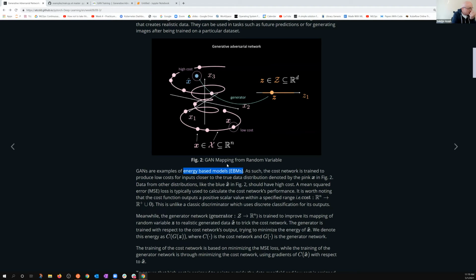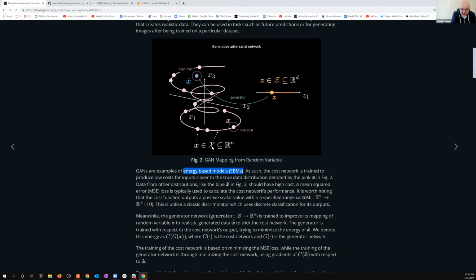I'm still a little bit skeptical, but is that just a way of implementing GANs, or is it GANs in general? Is EBM a way that you can write GANs? No, they're just saying that GAN is a type of EBM. Okay. So in the Z space, there is no right or wrong.